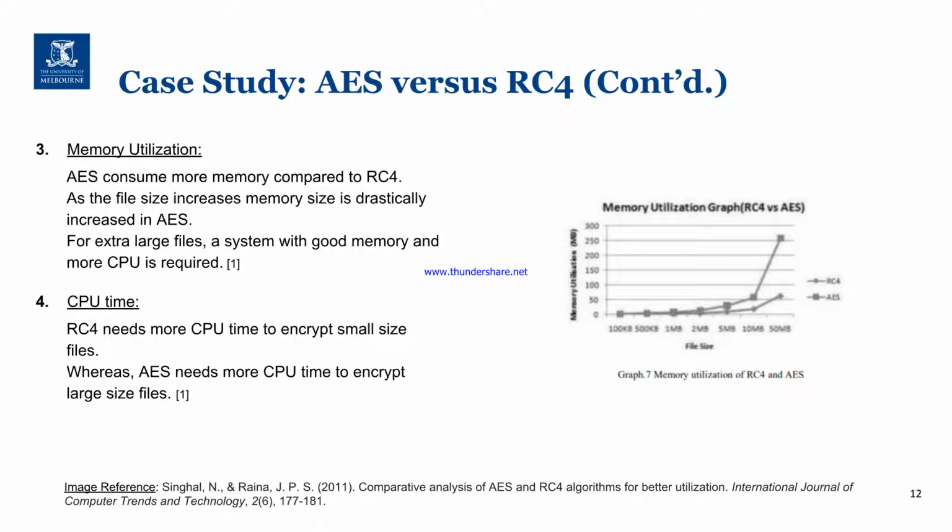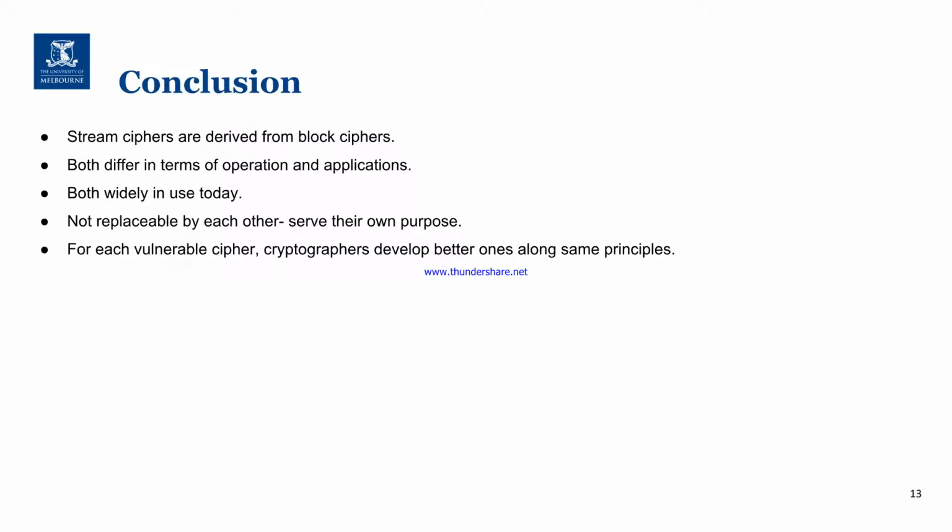But for the CPU time, RC4 needed more CPU time to encrypt smaller size files, while AES needed more CPU time to encrypt larger size files. So in this case study, we saw that overall in terms of the hardware implementation on a single computer, RC4 performed better, but we can't really compare it on a larger scale that way.